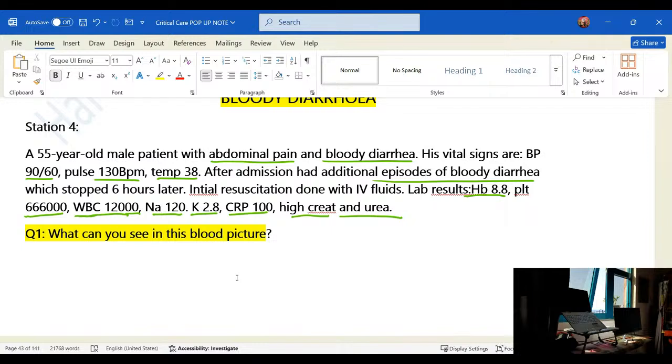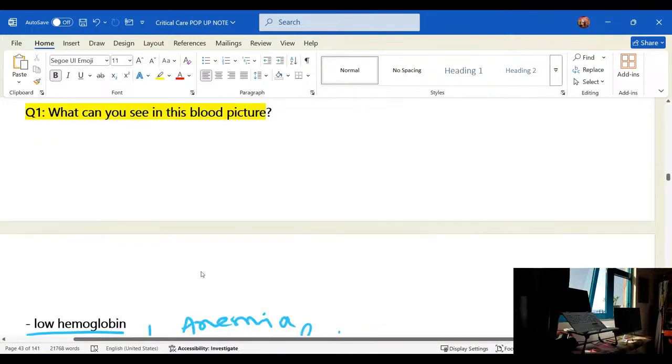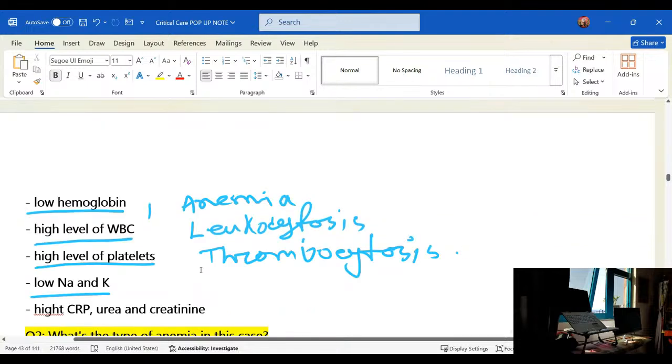What can you see in the blood picture? There is anemia, leukocytosis, thrombocytosis, and electrolyte imbalance like hyponatremia and hypokalemia, impaired renal function with high urea and creatinine, and high CRP.